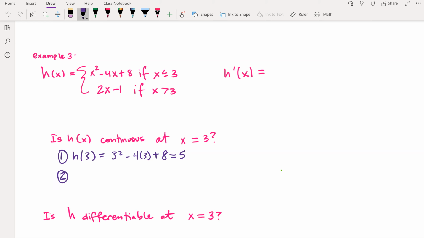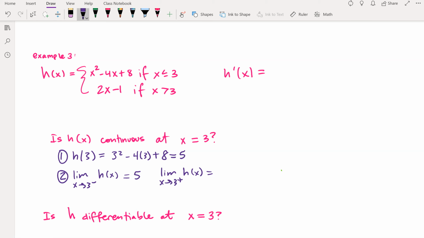Step 2. We need to find the limit as x approaches 3 from the left of h of x, which equals the left piece. I'm just going to plug 3 into the left piece right now. That is what we just found, 5. Limit as x approaches 3 from the right of h of x. I'm going to plug into the right piece right now.